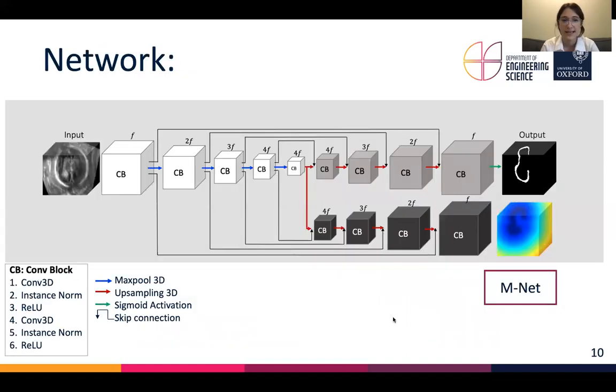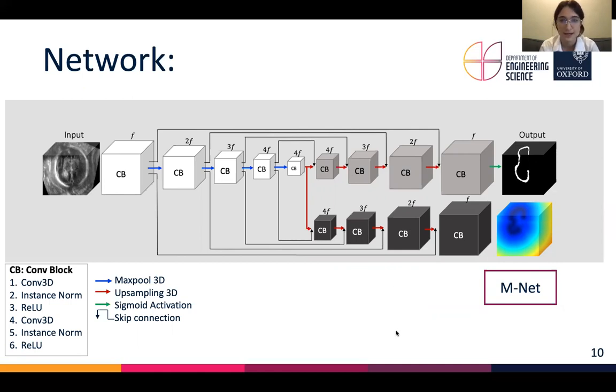So this is our main network setup for our MNet. We have a single encoder, which joins onto two decoders at the bottleneck. Each encoder-decoder branch acts as a modified three-dimensional UNet, where they're concatenated together at each layer, and the number of features doubles between each layer, and the size halves. And there are our two task outputs.